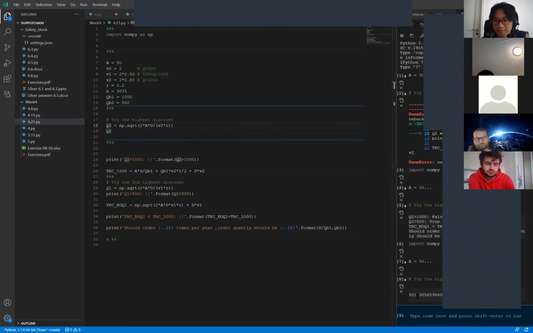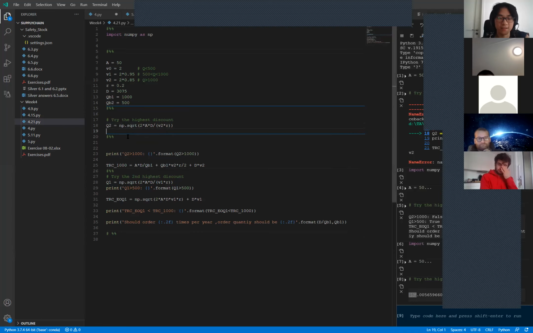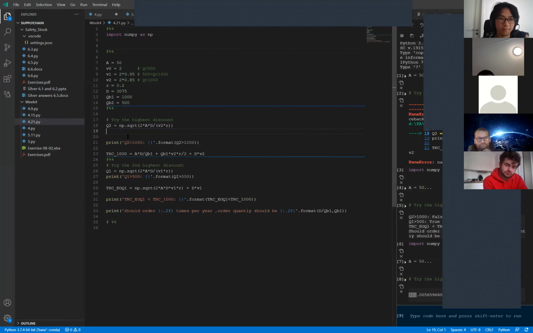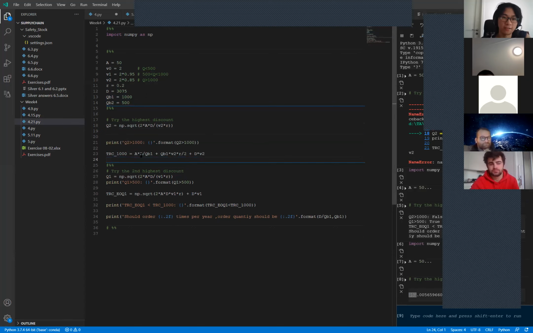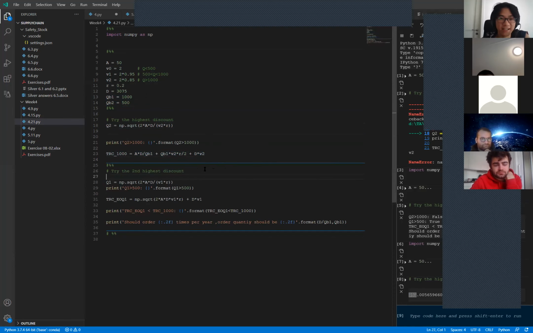So this 951 will definitely not be our result. But as we discussed, the discount point 1,000 is an interesting point that we want to discover. So we calculate that total cost using the discount price formula, and we just store it to compare later. And then we try the second discount, the 5% discount, and see where it sits.